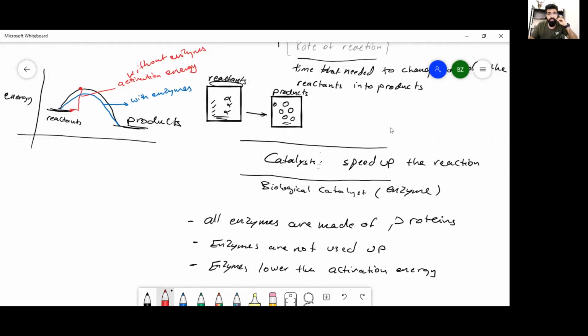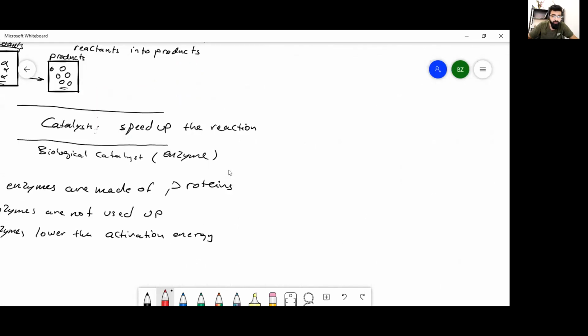Now, sometimes the reactants need the activation energy to change their shape so that they can react together. The enzymes provide a good suitable place for the reactants. Look at this. For example, this is the enzyme, and these are the reactants.